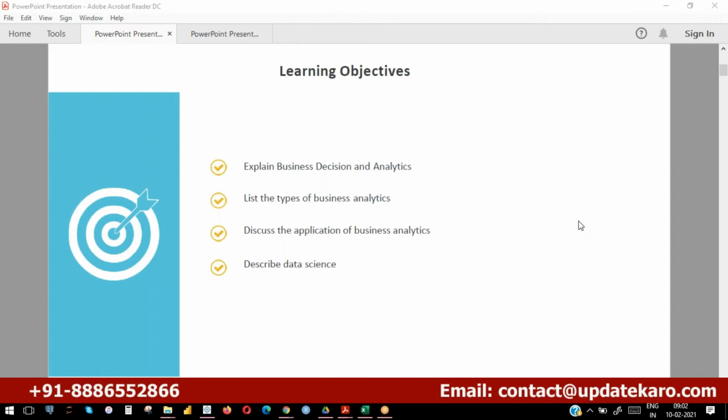One is software, any software like R, Python, SAS. These are statistical software, these are the tools, right? First one is the software tool. And second one is our statistical tools, mathematical tools. And then we are using probability tools.